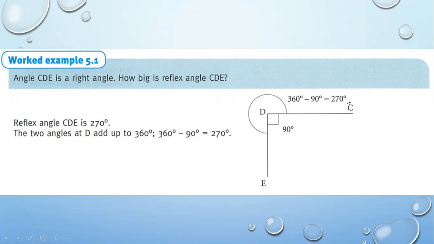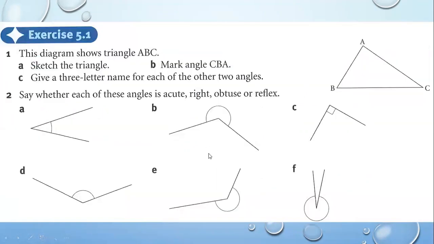As I told you, a reflex angle is more than 180 but less than 360. Reflex angle CDE is 270. The two angles at point D add up to 360. 360 minus 90 is equal to 270. With the help of this, you can solve all of these.